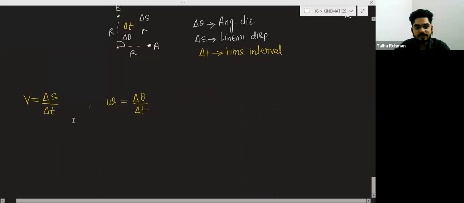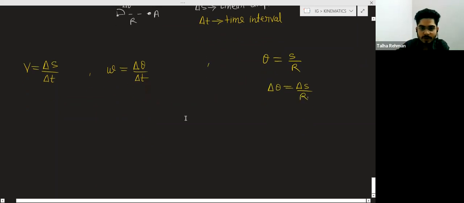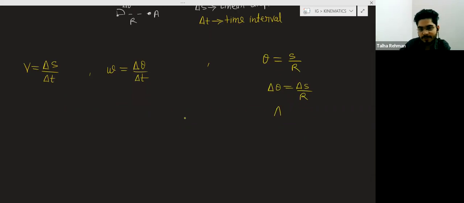So basically this thing is clear. V is equal to delta S by delta t, omega is equal to delta theta by delta t. We know that theta is equal to S by R, not T. So I can write delta theta is equal to delta S by R. From here we can calculate delta S. So this will become delta theta into r, and we can put delta S here.